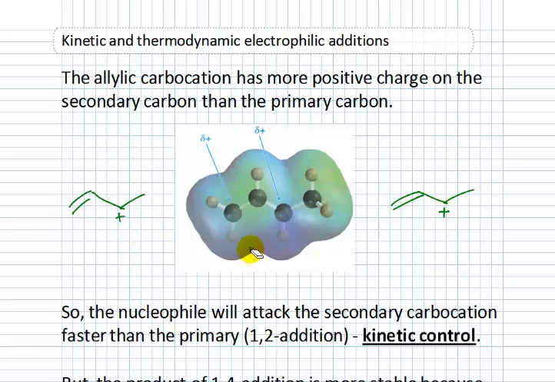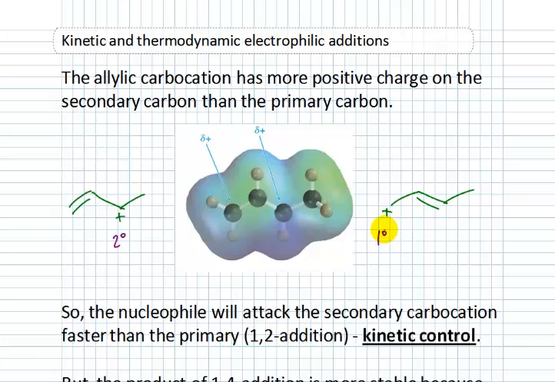Both of these combine to make this one overall picture, and the electrostatic potential map shows us that the plus charge is distributed between carbons 1 and 3, but the secondary carbon, oops, I drew the same one here, didn't I? Let's draw the other one. There we go. There's a secondary and a primary carbon that shares the plus charge. Here's the secondary one, here's the primary one.